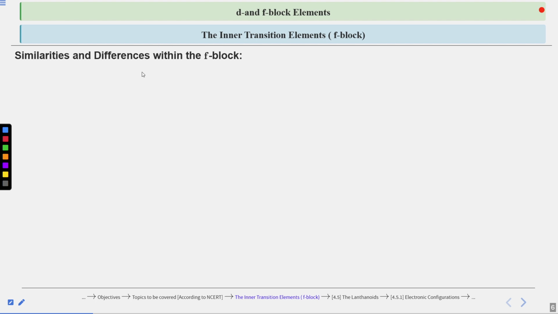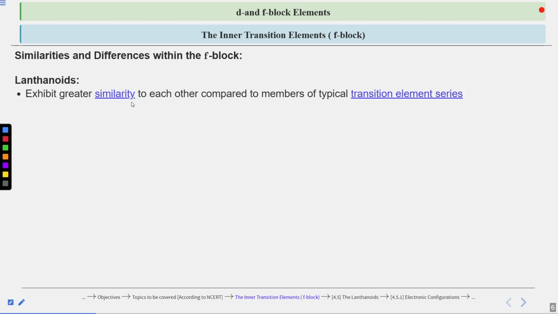Let's see the similarities and the differences within the F block. The lanthanoids exhibit greater similarity to each other compared to the members of a typical transition element series. We have seen the transition element series, the D block elements; compared to them, lanthanoids show similarity to a greater extent.